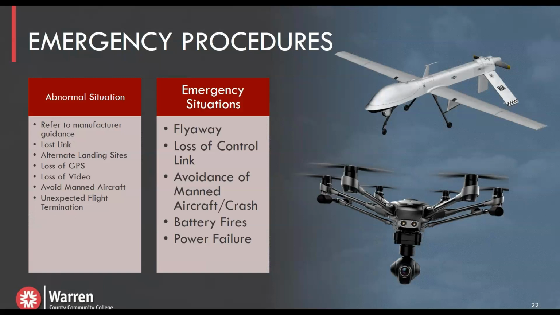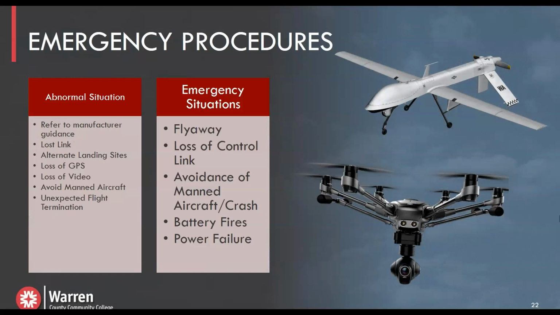Nothing you do with the remote control is being received by the drone, and it is not behaving appropriately. Avoidance of a crash. If an imminent crash is coming, you could climb to 16,000 feet. You'd never have to go that high, but that would be allowable. You would fly above the 400 feet to avoid the manned aircraft.